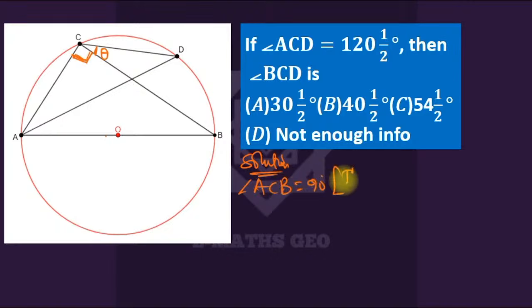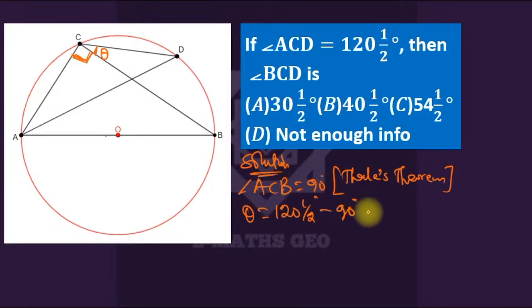Why? Thales theorem. Need to tell them why. So theta will now be 120.5 minus 90, that's the remaining angle here, since they told us ACD is 120.5. So the answer is 30.5. So that's option A.